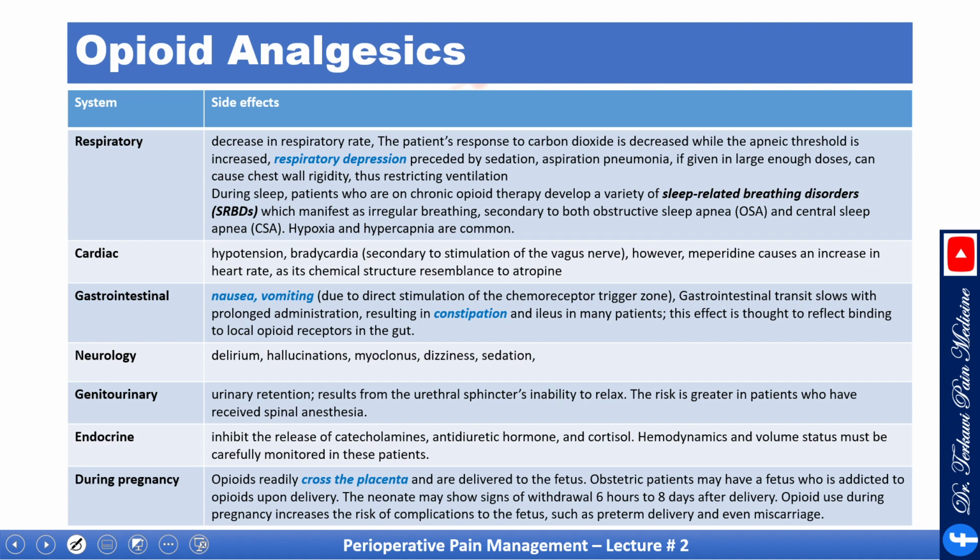GI: nausea and vomiting through stimulating the chemoreceptor trigger zone, and constipation. Neurology: delirium, hallucination, myoclonus, dizziness. Urinary retention. Endocrine: inhibits release of catecholamine, antidiuretic hormone, cortisol. And during pregnancy, it does cross the placenta and goes to the fetus and causes depression of respiration.